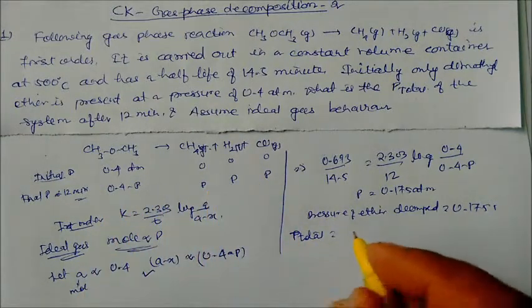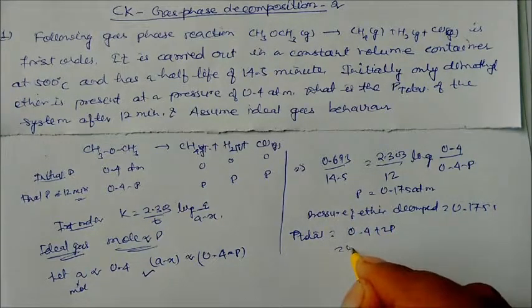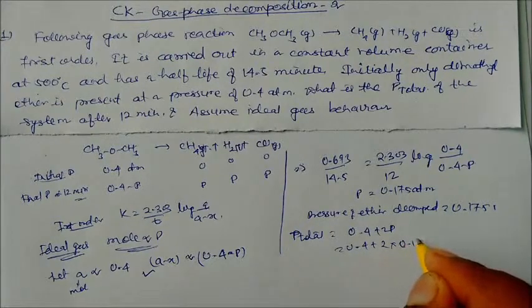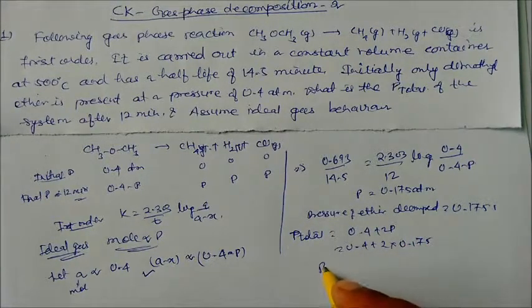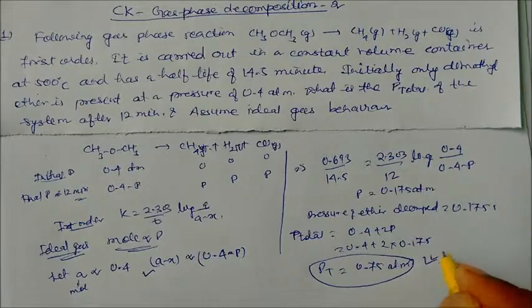If you add all these things, it becomes 0.4 plus 2P. So 0.4 plus 2 into 0.175, and we get the total pressure equal to 0.75 atm. So this is our answer.